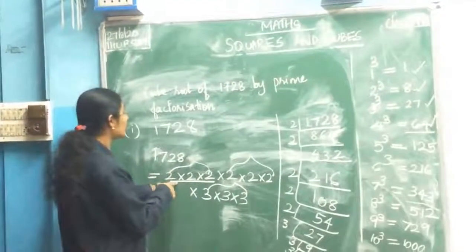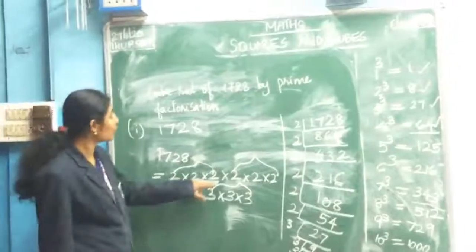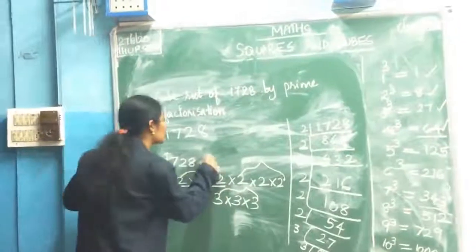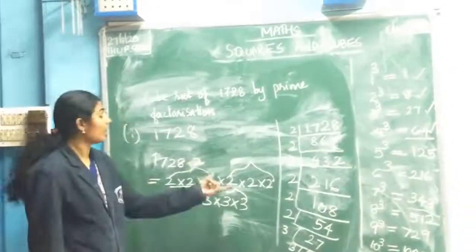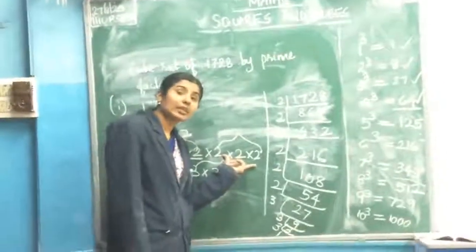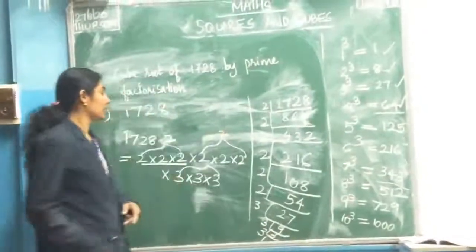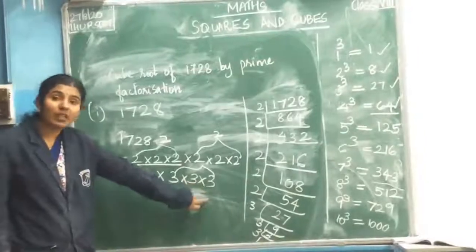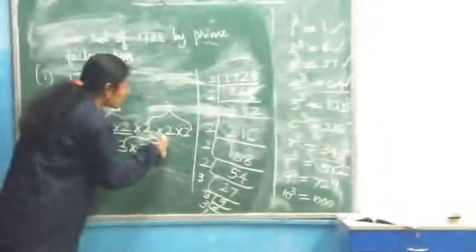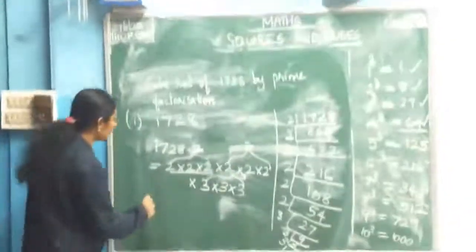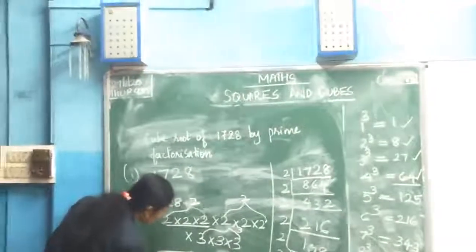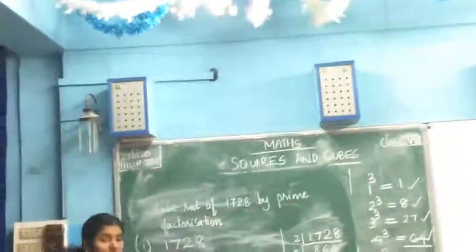So here, 2 is multiplied 3 times. From that you should take 2. Here also 2 is multiplied 3 times, from that take one 2. Here 3 is multiplied 3 times, from that take one 3. So what will be the cube root of 1728?